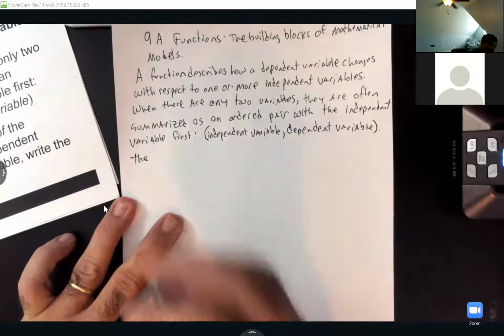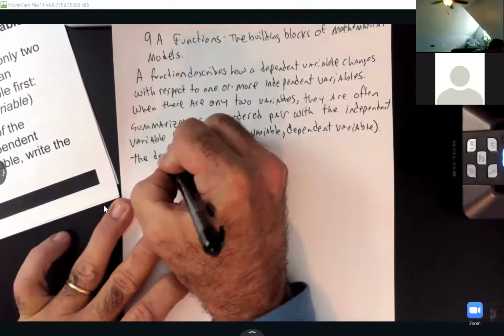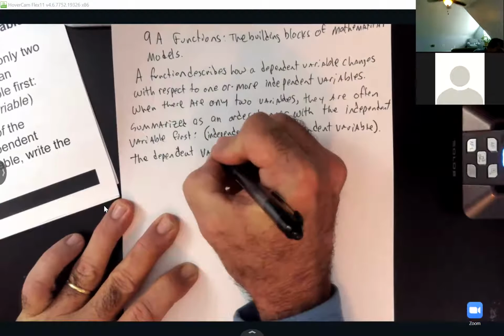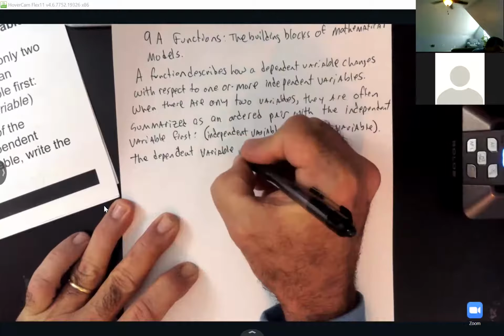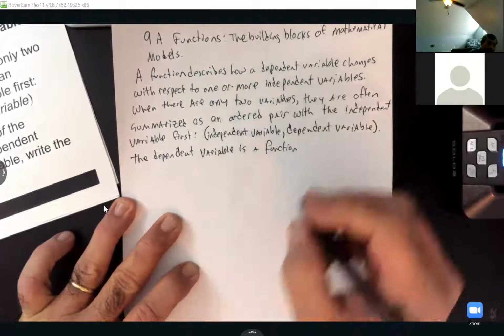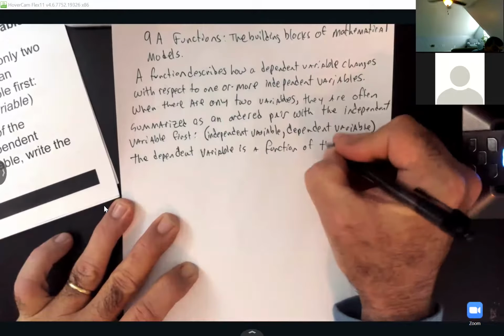All right, so the dependent variable is a function of the independent variable.